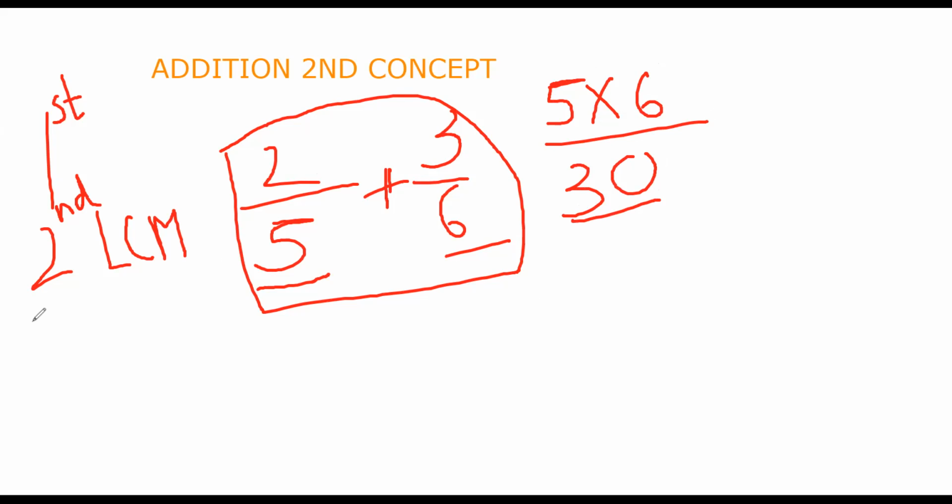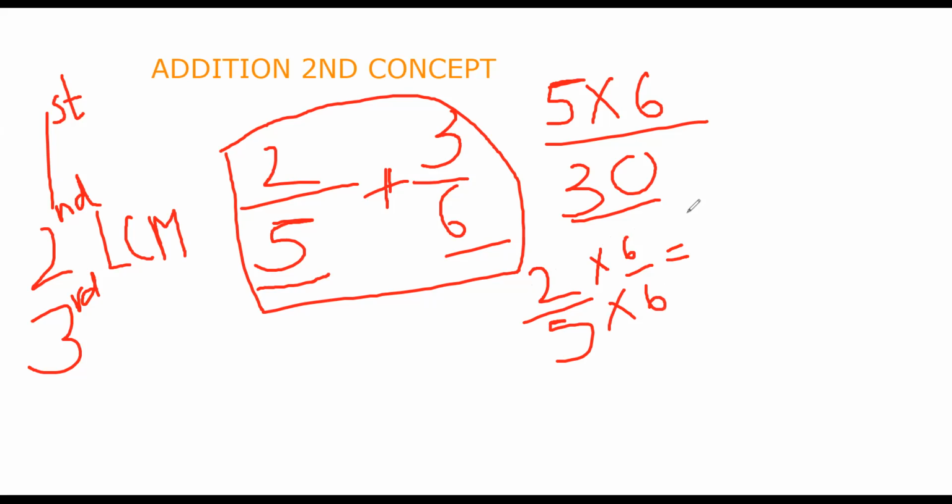Now the third step is to make the denominator as the LCM was. So the LCM was 30. Let's make 2 by 5 into 6. So when we multiply 6 by numerator and the denominator, we'll get the answer as 12 by 30.